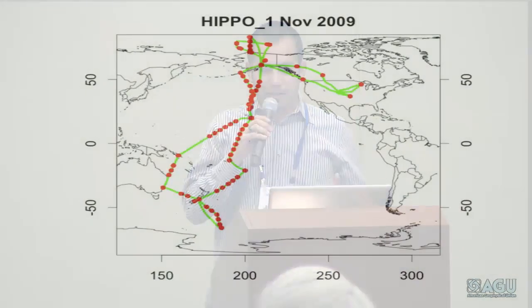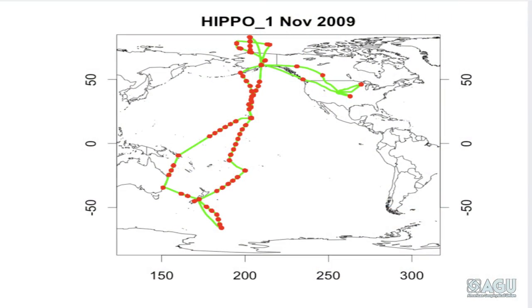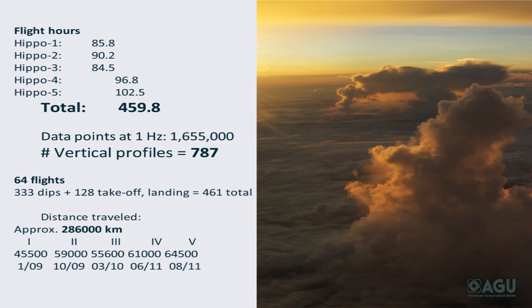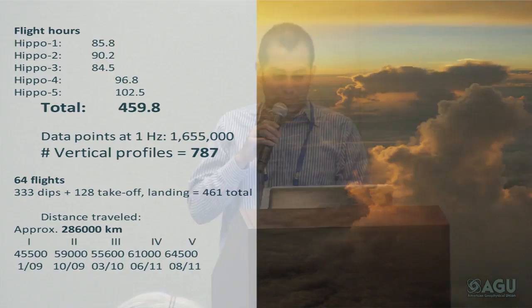HIPPO was a perfect example for climate research, because they did 5 trips around the world trying to measure the changes in these chemicals, to use the data to understand the climate and the distribution of these gases. And this is just some examples of the number of hours that we flew and the number of data points that we have. So all this data is available for you to create your homework assignments or use in your classroom.